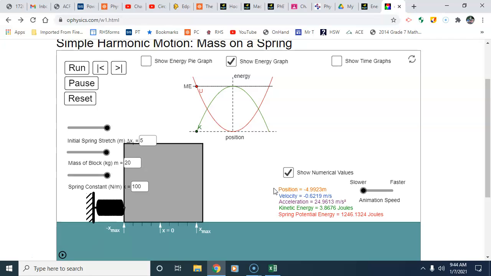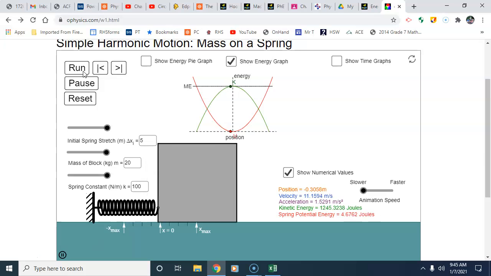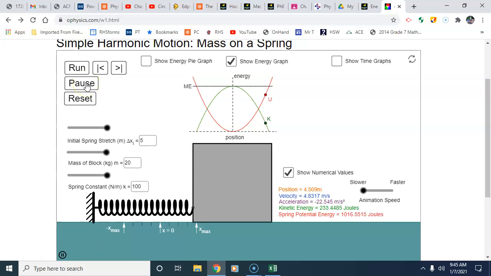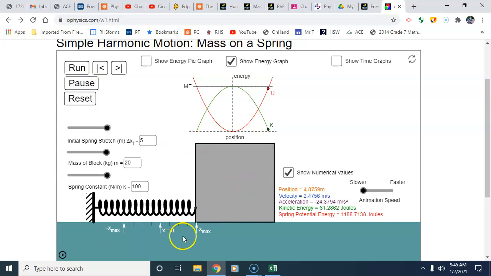And then I'm going to keep letting it run, and it will pass through the equilibrium position in motion, not stop there, but once we pass through, it begins to stretch. And now we get to the other side, the maximum positive horizontal displacement away from equilibrium, where again it stops for a moment, right? Because that's when it turns around. The spring is stretched as much as it's able to, and it pulls it back.